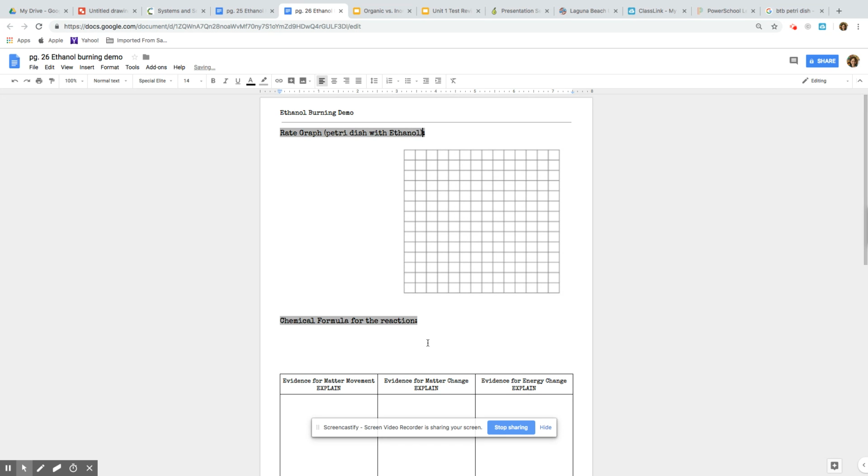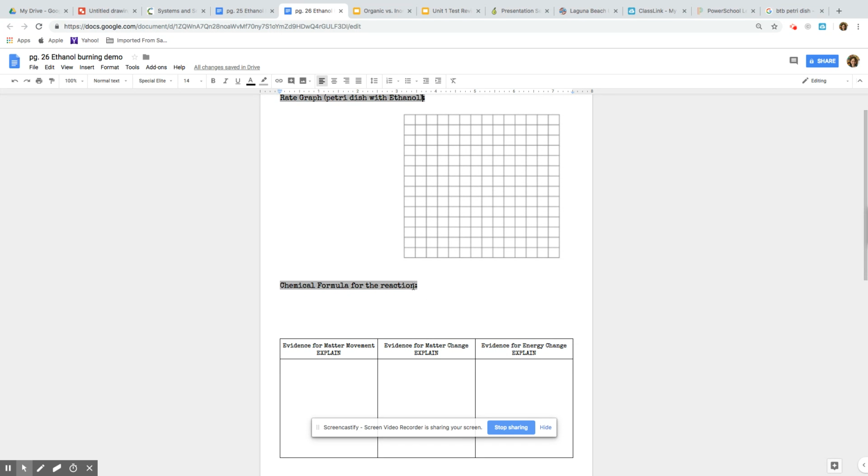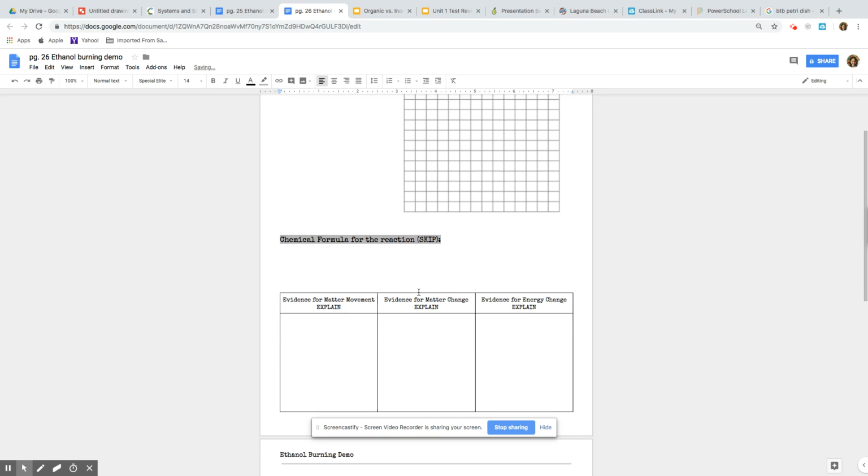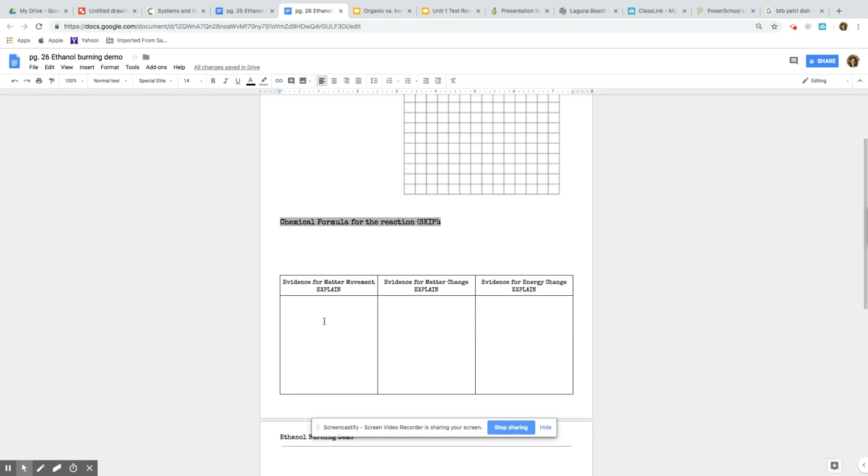Okay. Chemical formula for the reaction, you can skip this. And then just briefly, not in complete sentences, write the evidence for the matter change. Movement, matter change, and energy change.